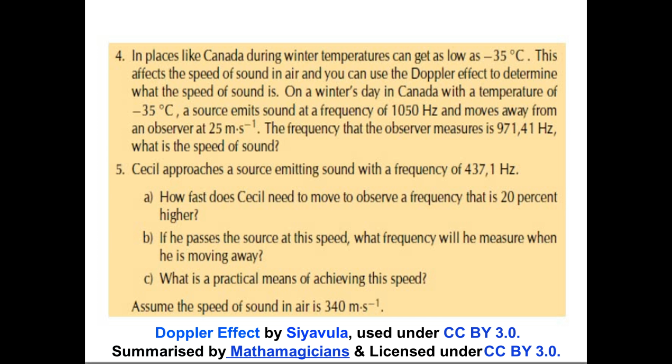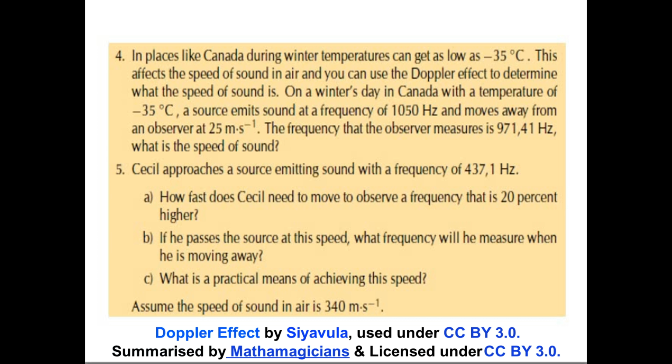On a winter's day in Canada with a temperature of minus 35 degrees Celsius, a source emits sound at a frequency of 1050 Hz and moves away from an observer at 25 meters per second. The frequency that the observer measures is 971.41 Hz. What is the speed of sound?